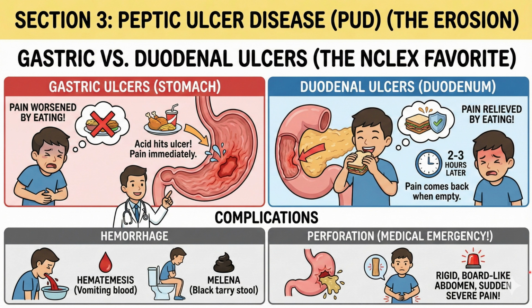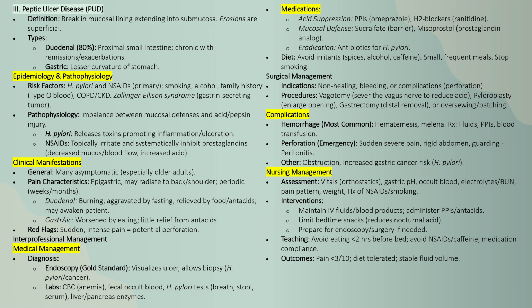The classic sign is a rigid, board-like abdomen and sudden severe pain. I hope you like this picture. So now we go into the notes of this disease. Here is my peptic ulcer disease notes.